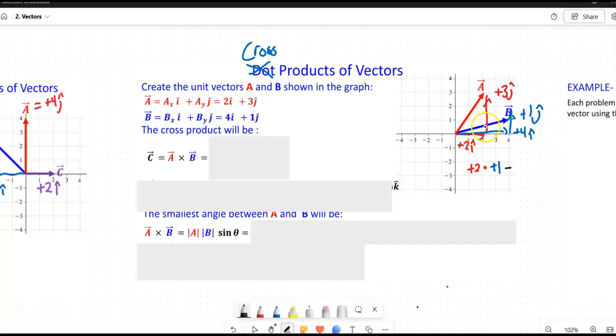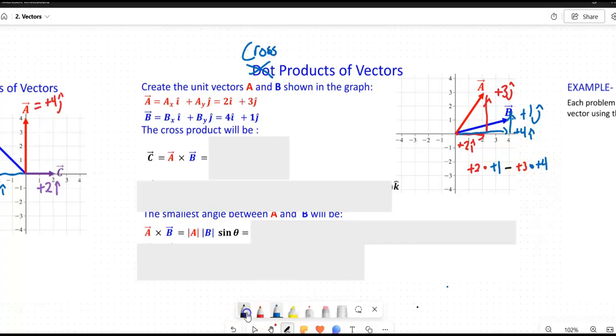And then the next portion that's going to be multiplied is the j portion of A, which is positive 3. We're going to multiply that, in the y direction, times this portion, which is positive 4.